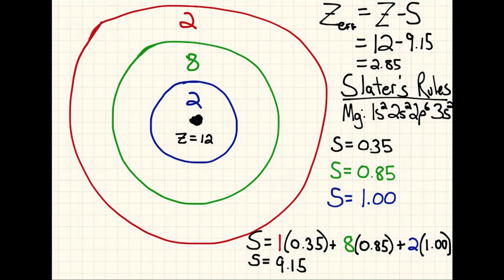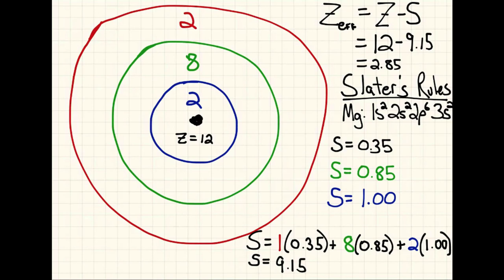So what does this mean? What does this 2.85 actually indicate? What the 2.85 means is that my outermost electron here is attracted to, or feels, a nuclear charge of 2.85, not at all 12. It doesn't feel attracted to the system as though there were 12 protons in the core. What it feels is an attraction to something that would be about 2.85 protons in the nucleus.